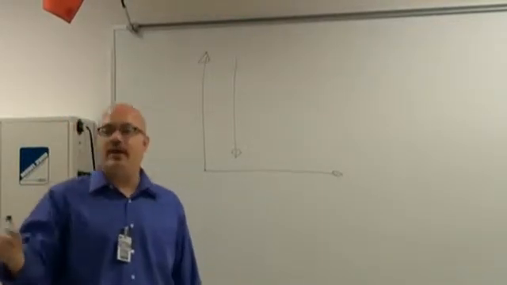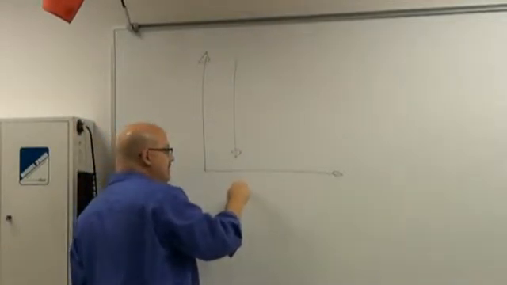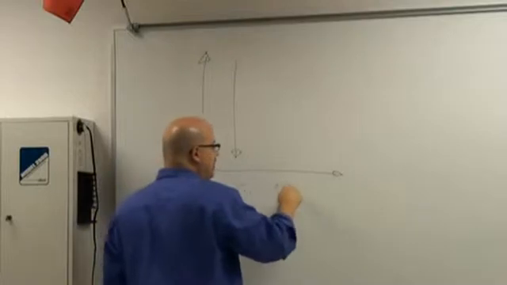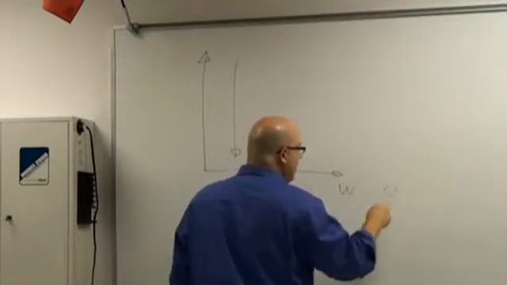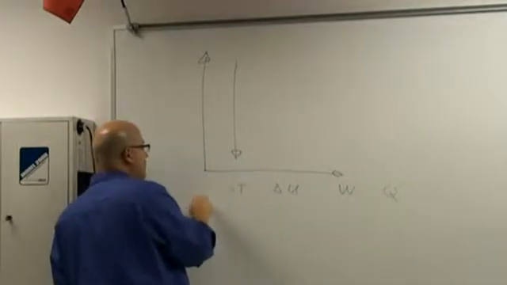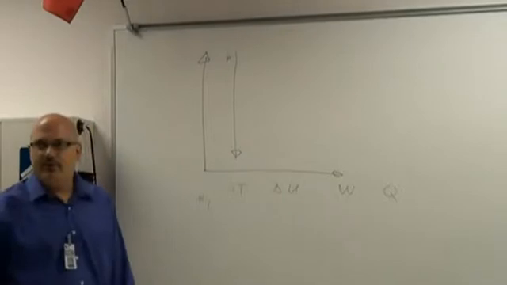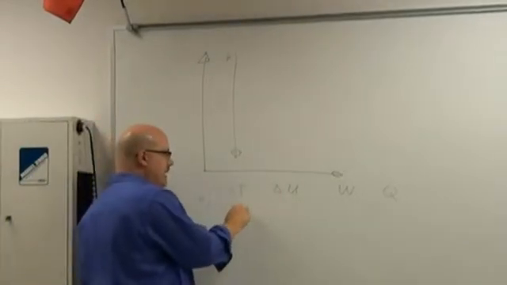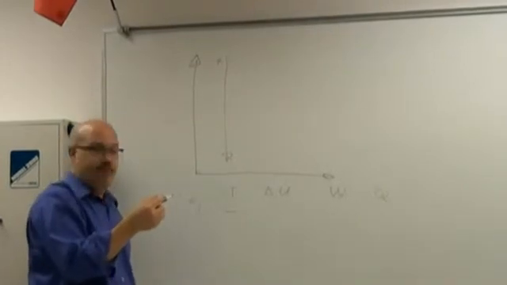Any of those words means the same thing. Okay, so we have delta T, delta U, W and Q for process number 1. All right, delta T, plus, minus, or zero? Negative, because we're going down in PV value, right?